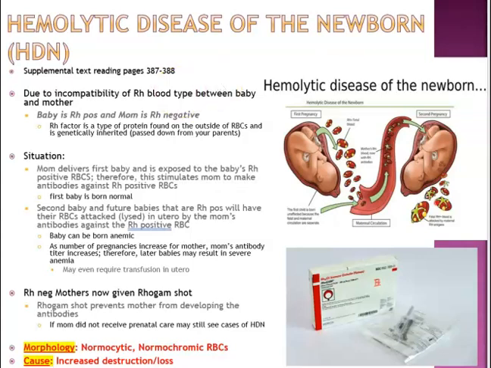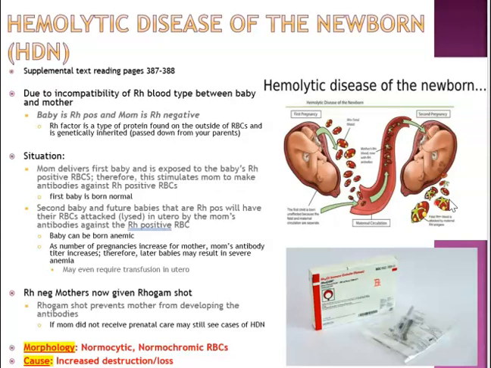So if you look over here at the image, you see the baby, and the baby itself is Rh positive, but the mother is Rh negative. So the mother is going to want to produce antibodies against Rh positive blood.